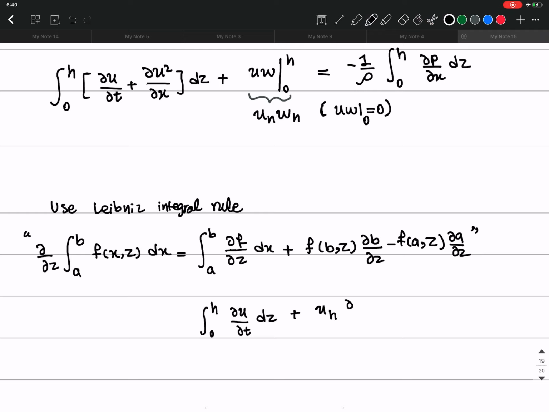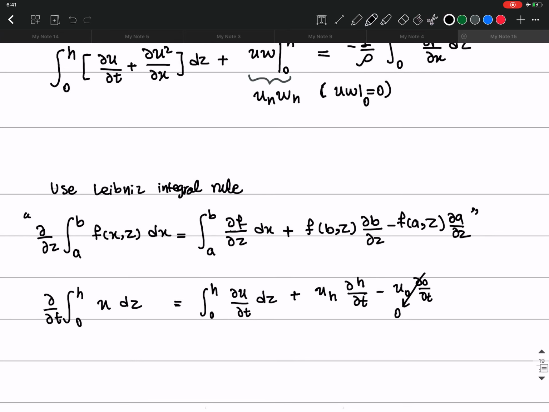Partial b over partial z, so it's going to be partial h partial t minus u at the bottom, which is just 0, partial 0 over partial t, again doesn't matter, this is just 0 because u at 0 is 0, equals to the left-hand side, z is again time here, so it's going to be partial over partial t of 0 to h of u, and x is z here, so it's going to be dz.